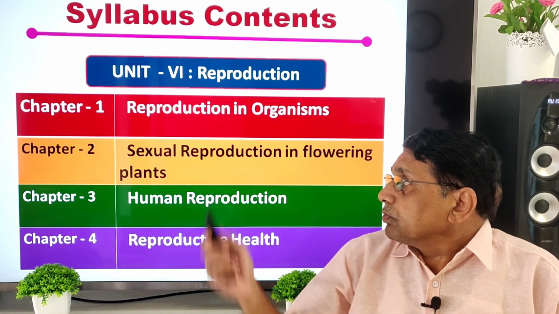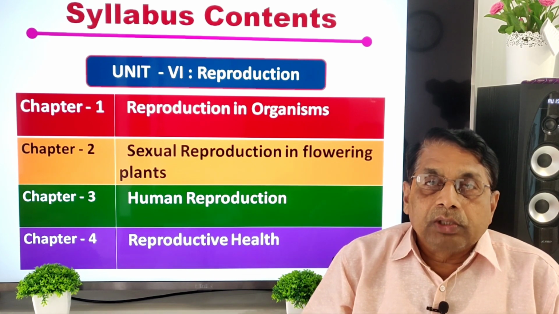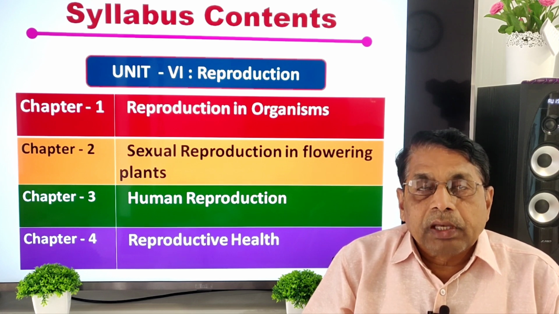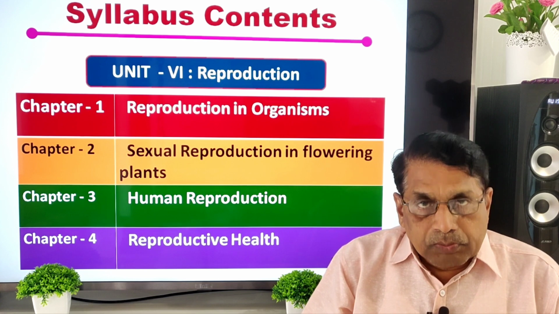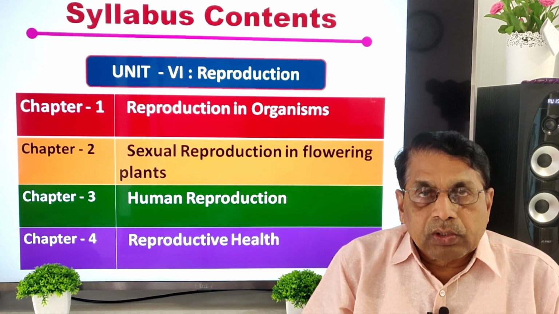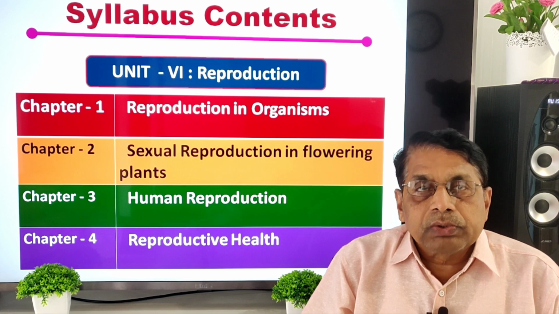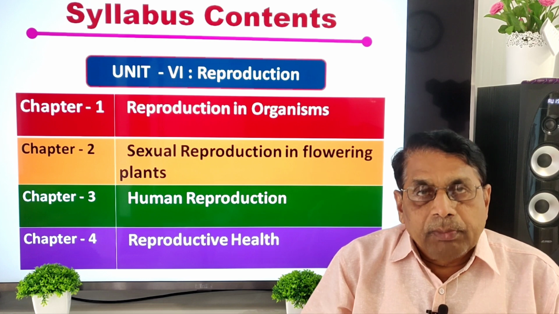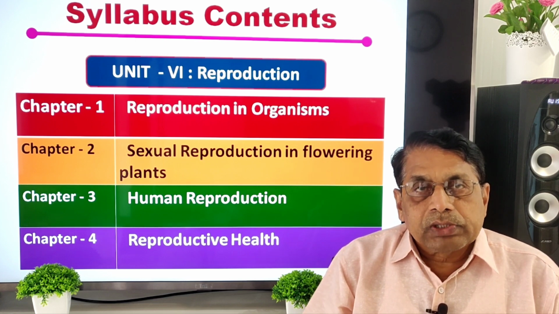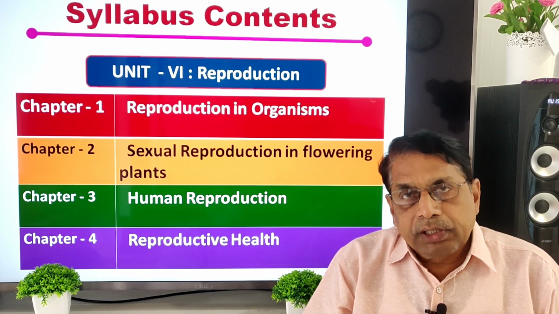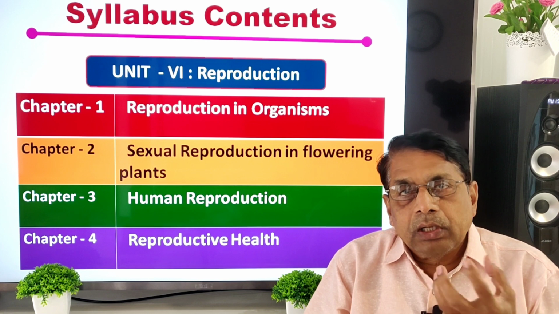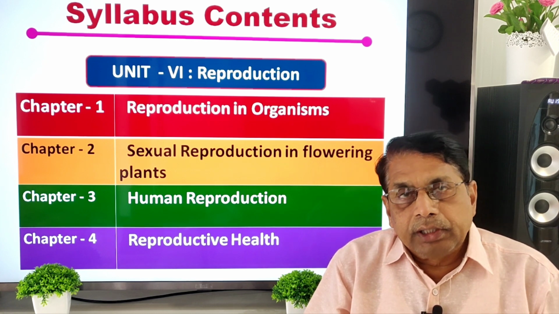So in this mode of sexual reproduction in plants, we study how the male gametes are produced from the androecium, stamens, anthers, pollen mother cells, how they undergo meiotic divisions, how the pollen grains are produced, and then how the pollen grains are transferred to the female sex organ, that is the pollination process. How the pollen grains germinate, how the pollen tube enters the ovary, and in turn the ovule, the female gametophyte, that is the embryo sac.